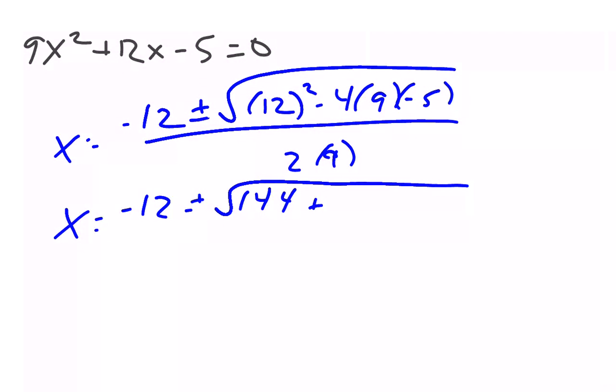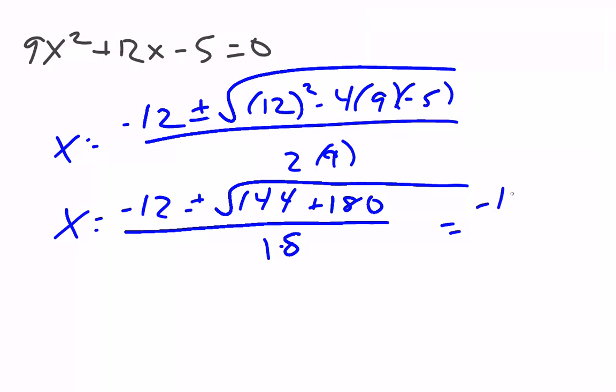This is going to turn to a plus, and that'll be 180 over 18. So that would be negative 12 plus or minus the square root of 324 over 18.